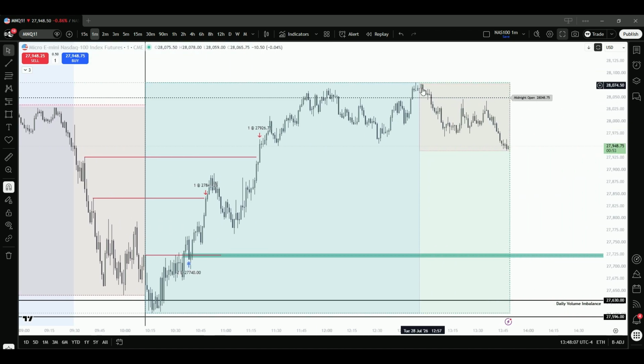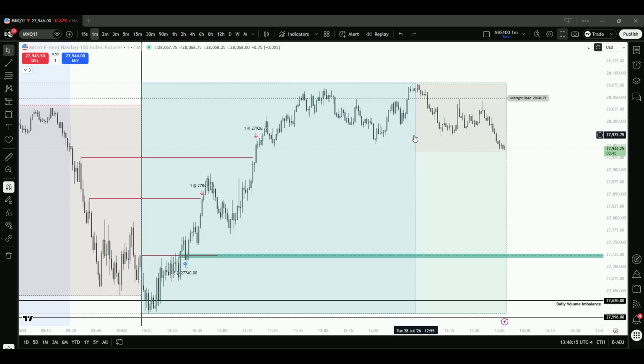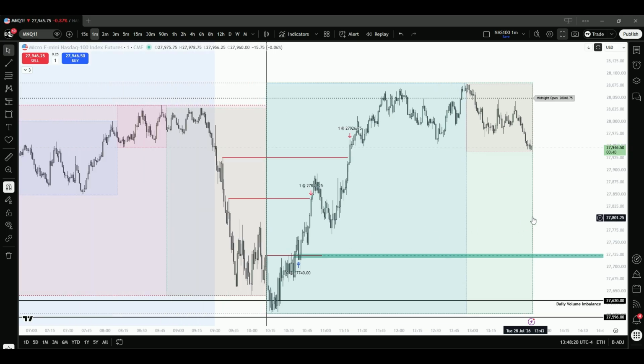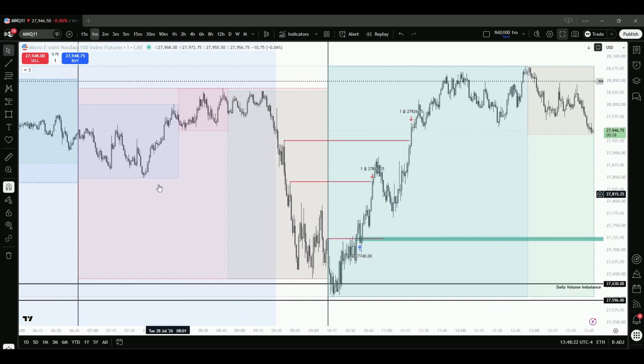And we are right now playing around this level, around midnight open. And let's see how price delivers. Okay. So this is the trade today, and this is the logic unfolding in front of your eyes.